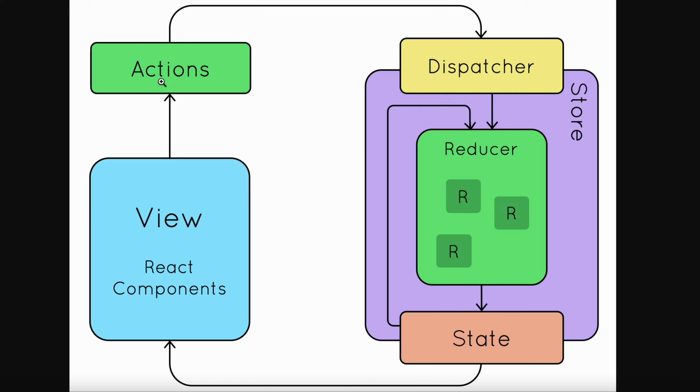So actions, dispatcher, reducer, state, and store. What happens is that when you create an app, normally you'll have an action, you'll have an item in your app which you want to manage the state of.